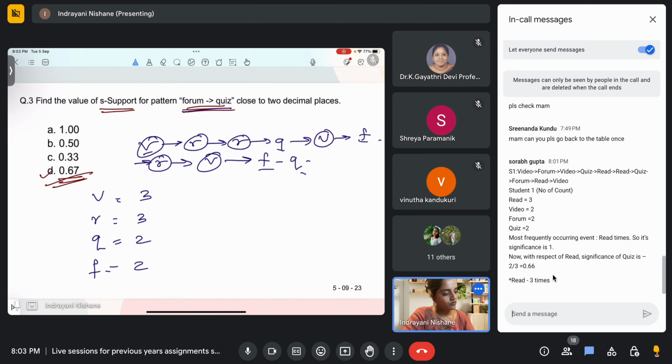So how we calculate for each node is, this is the highest number of times a node is occurring. So this is 3 by 3 is 1, 3 by 3 is 1, 2 by 3, 2 by 3.